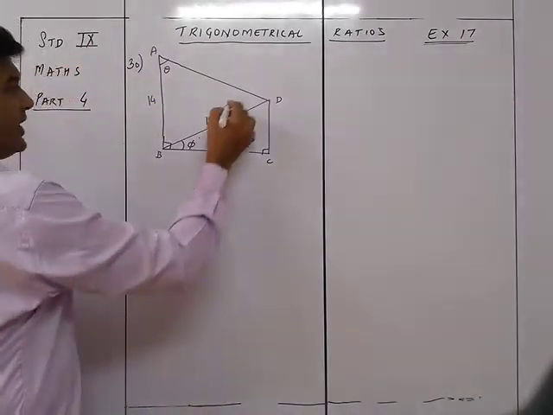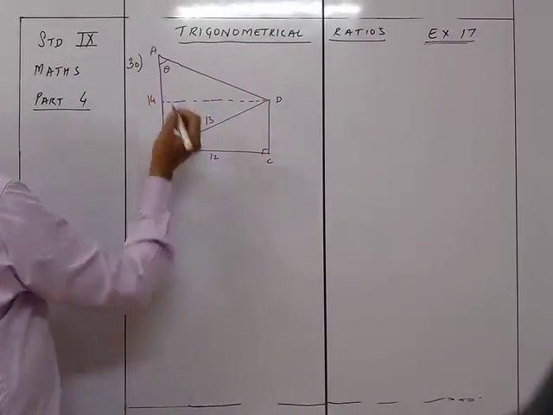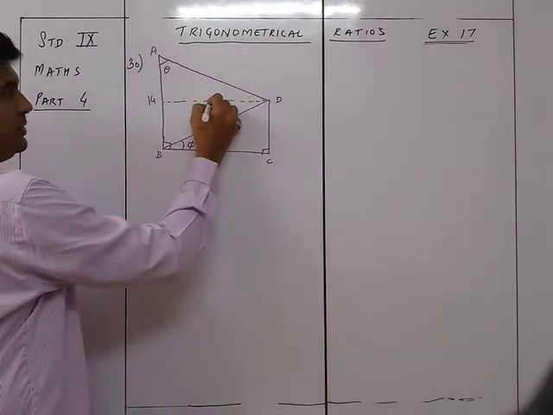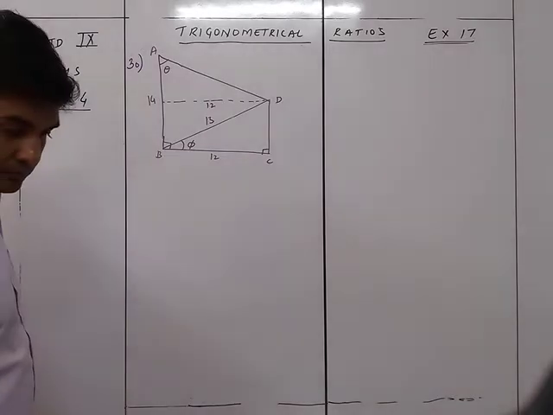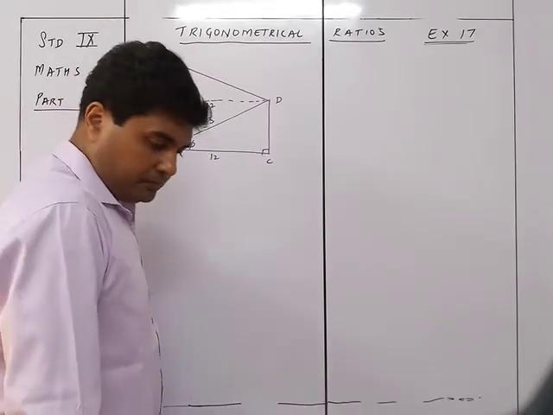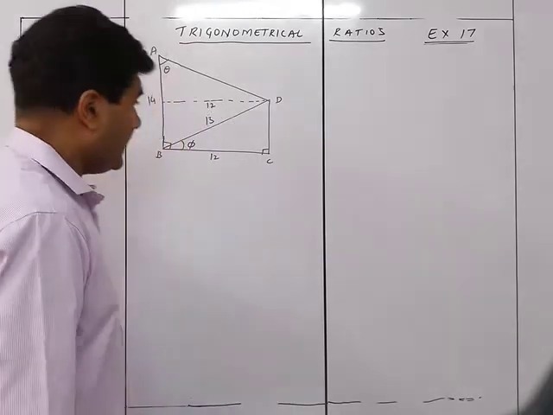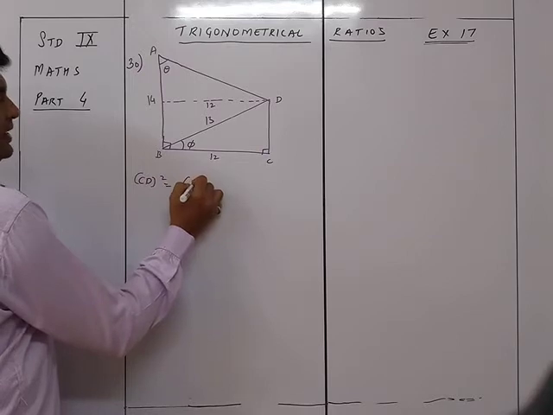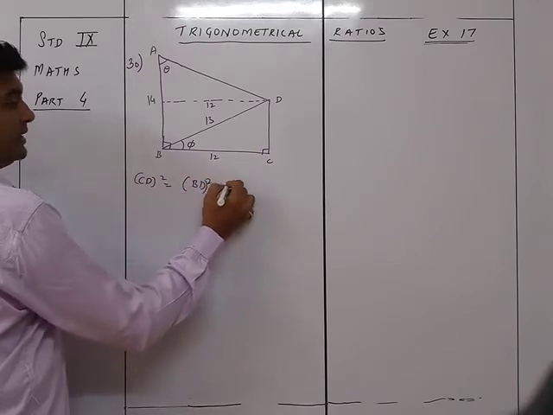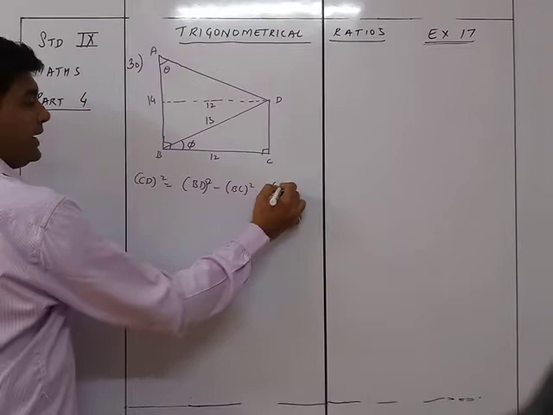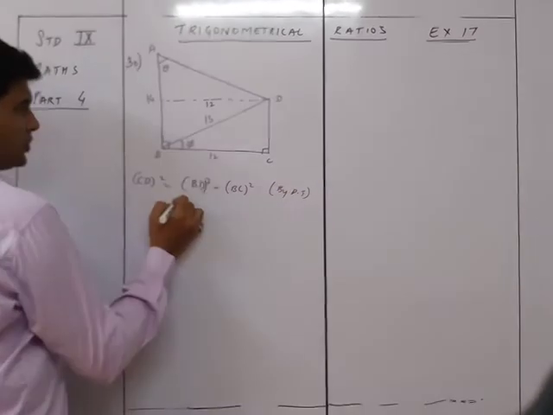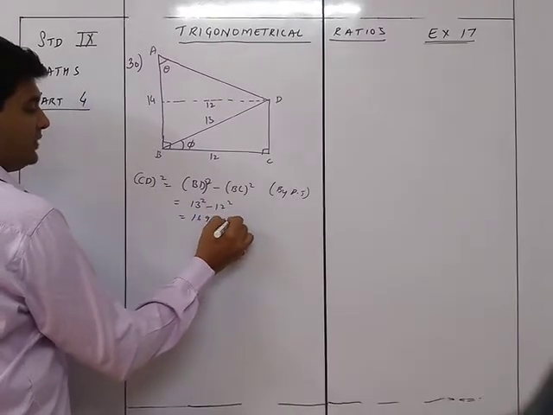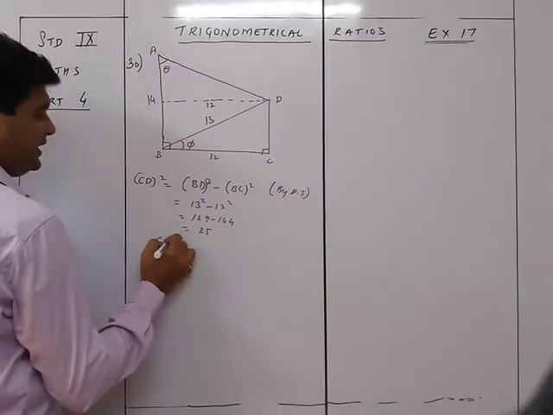I need to draw a line like this to find first this, then this, and then this. This is 12, so this will be 12. First of all, I know over here that CD square is equal to BD square minus BC square by Pythagoras theorem. So it will be 13 square minus 12 square, which is 169 minus 144, which is 25. So CD is equal to 5.